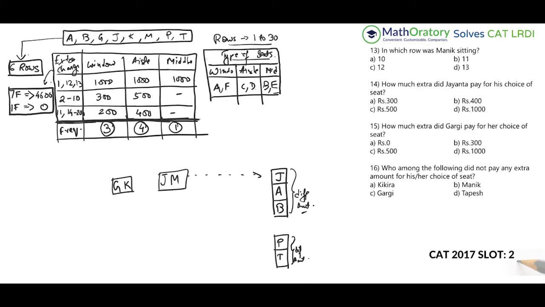So first of all, I have 7 friends having a total payment of 4600. Each of these 7 friends has to pay something, right? So what could the payment be? Now think about it.